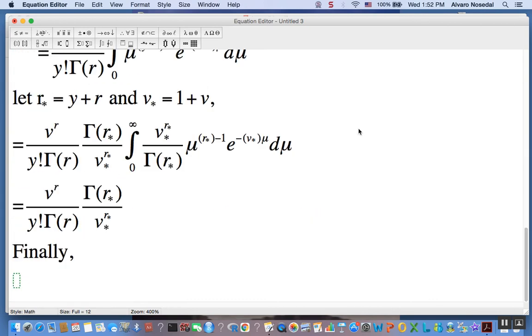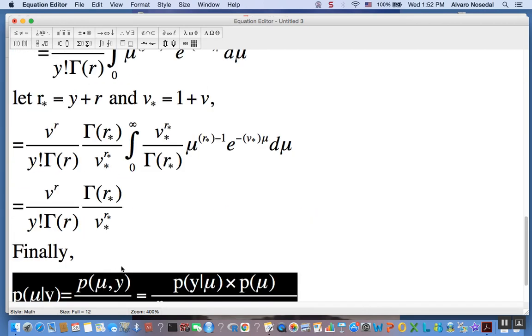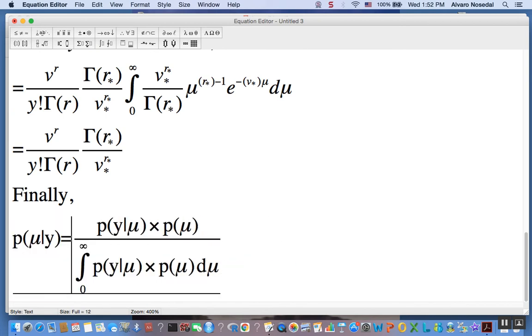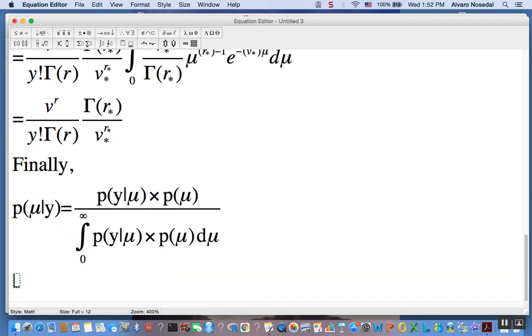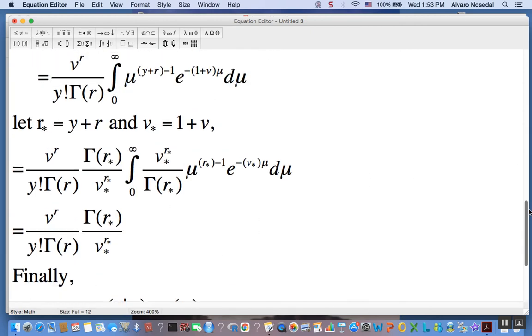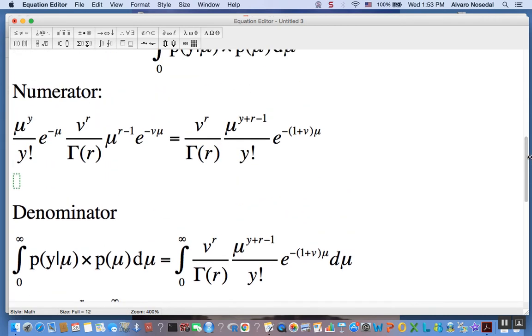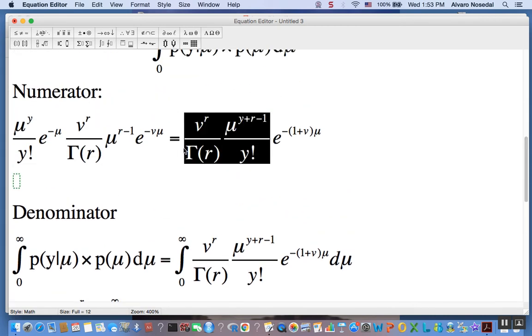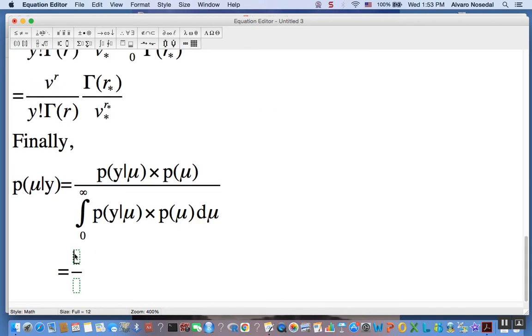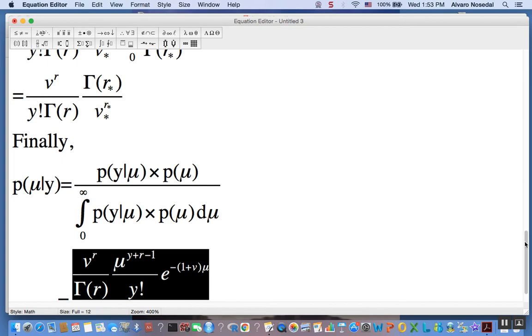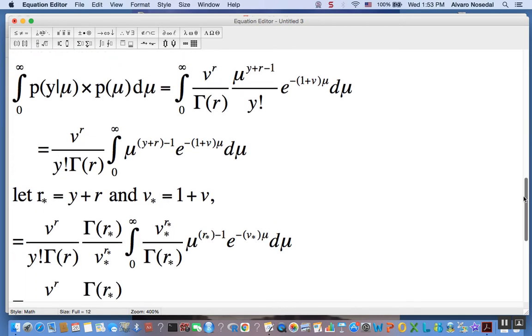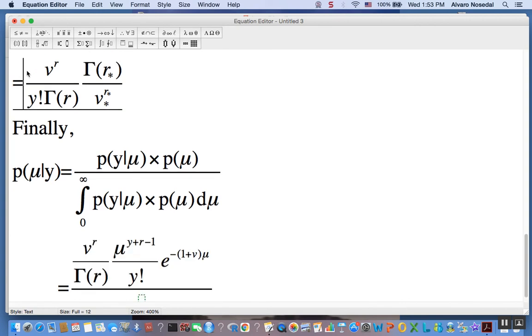Let me copy paste that, and then that happens to be the same as, let's write our denominator and our numerator. So first the numerator is this here. Let me copy and paste that. Numerator. And the denominator is this here.